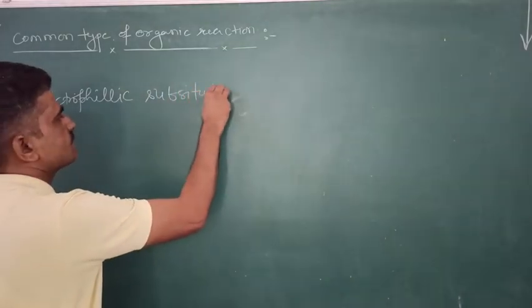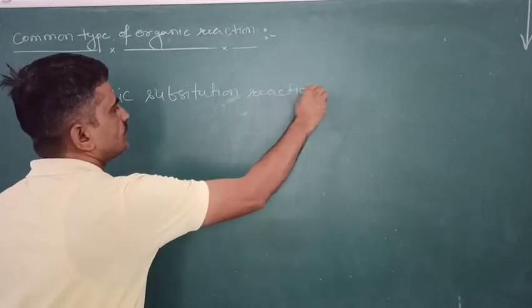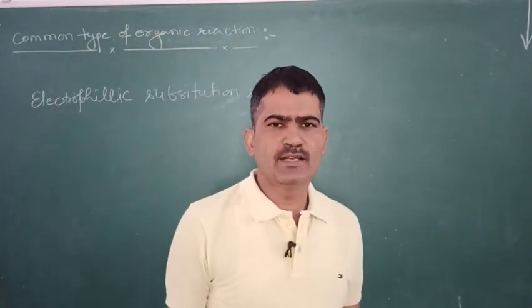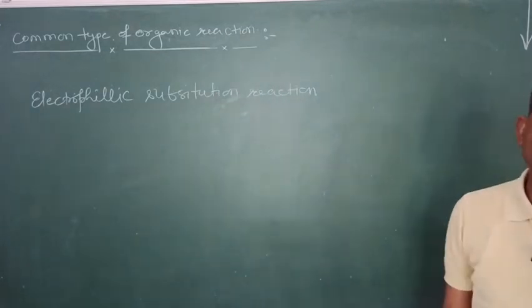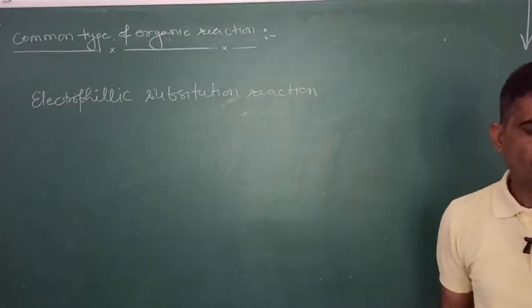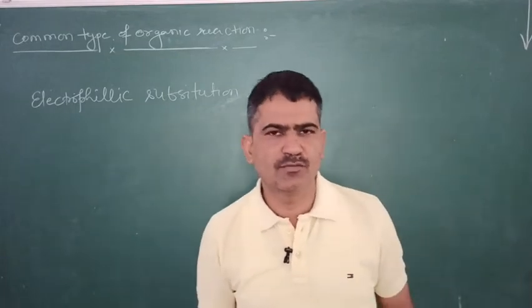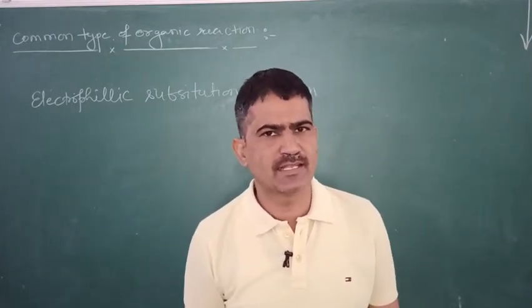In electrophilic substitution reaction, the electrophile carries out the substitution reaction. It acts as a substituent which replaces the atom or group of atoms. Among the common types of chemical reactions, we will study the sulfonation, halogenation and nitration of arenes.